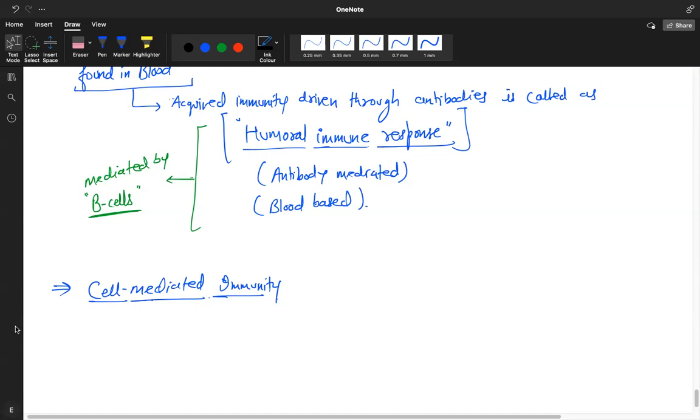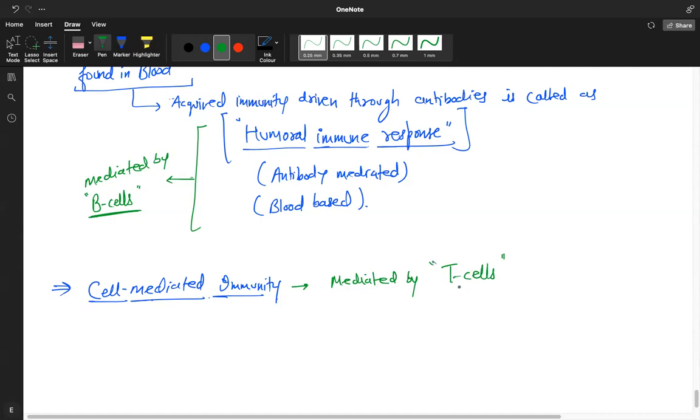And write down, the cell mediated immunity works through, or you can write it, mediated by T cells.